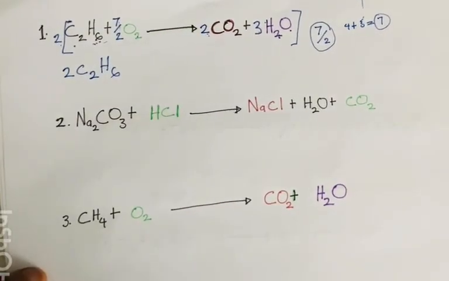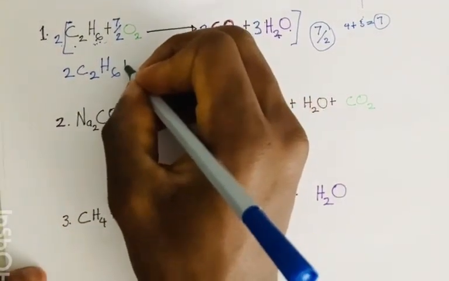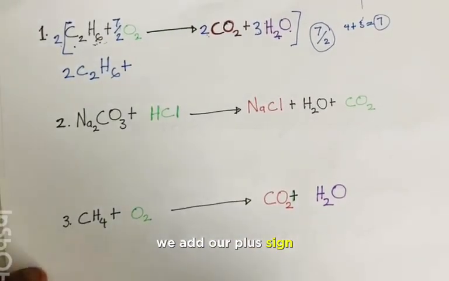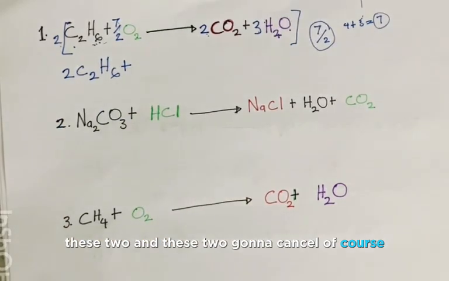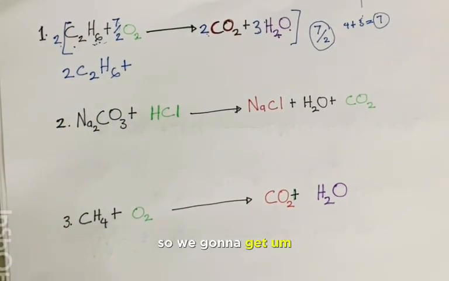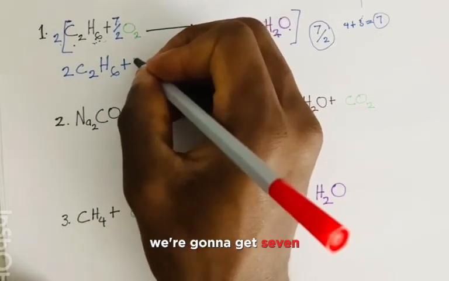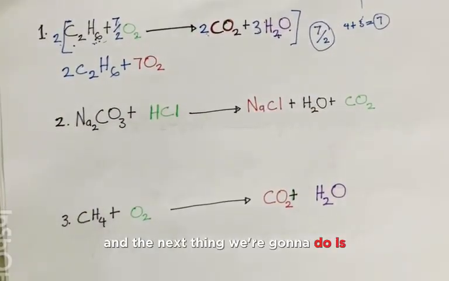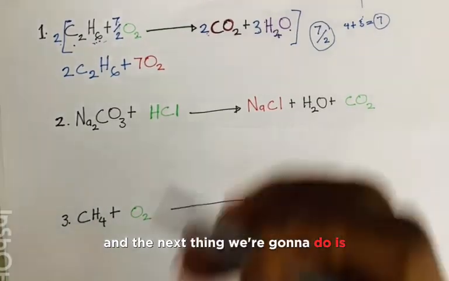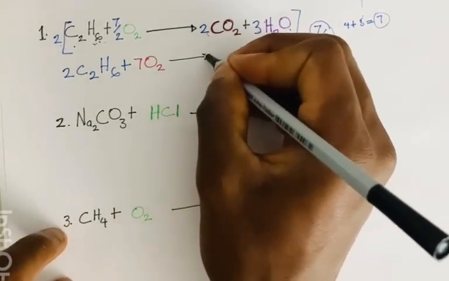Of course, the next thing is to write our plus sign. And we're going to multiply this 2 and this 2, they cancel, of course, so we're going to get 7 O2, and then we write our arrow.